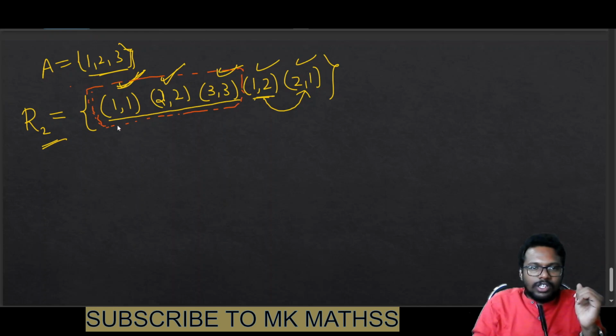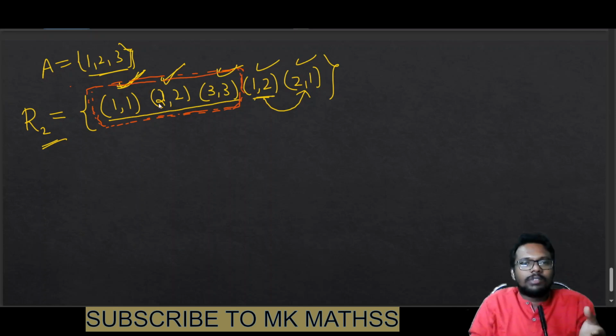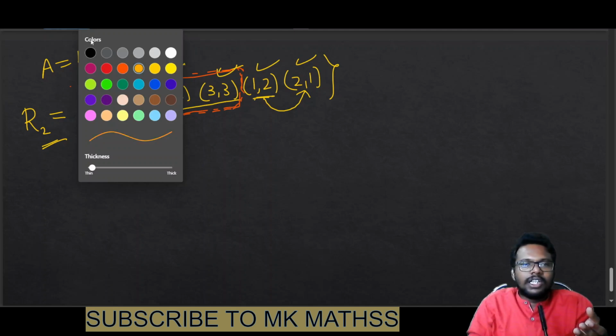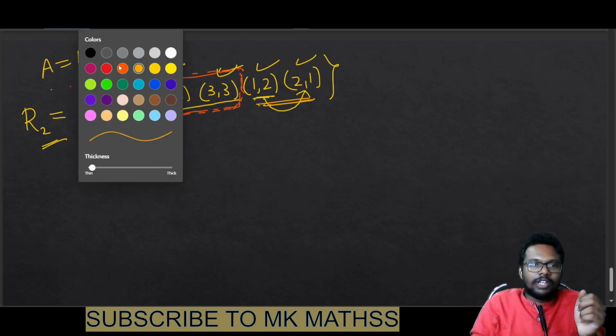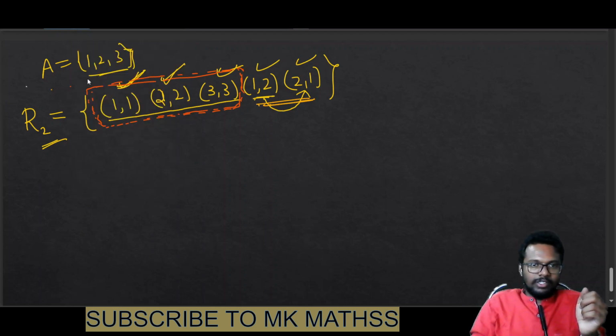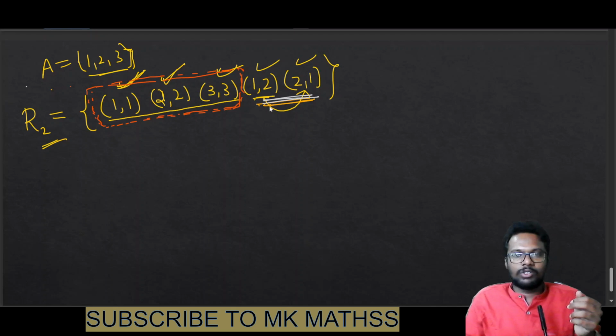We won't focus much on these three ordered pairs, because 1 comma 1, 2 comma 2, 3 comma 3 obviously satisfies the definition of a transitive relation. By satisfying the definition, we can't decide this is a transitive relation, because still there are two ordered pairs which we have not verified, 1 comma 2 and 2 comma 1.